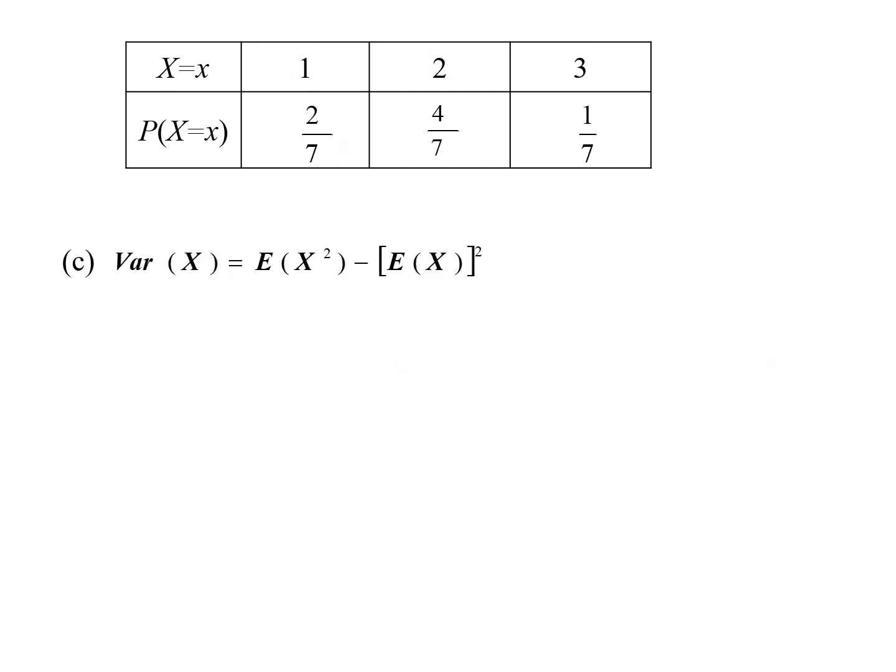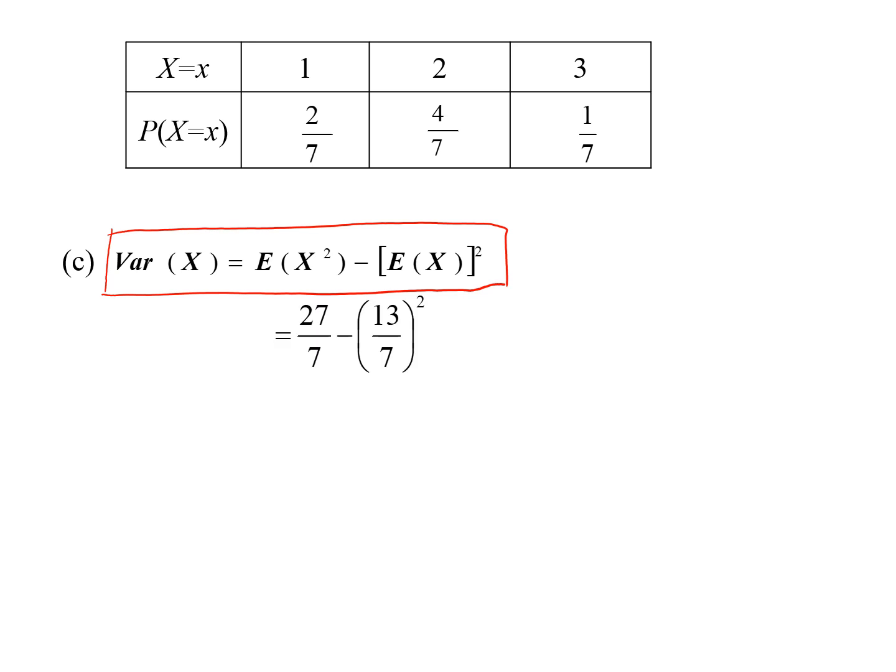For part C, to find the variance of X, we have the formula Var(X) equals E(X squared) minus (E(X)) all squared, where E(X squared) we get from part B, 27 over 7, minus E(X) we get from part A, then we square it. The answer for the variance is 20 over 49.